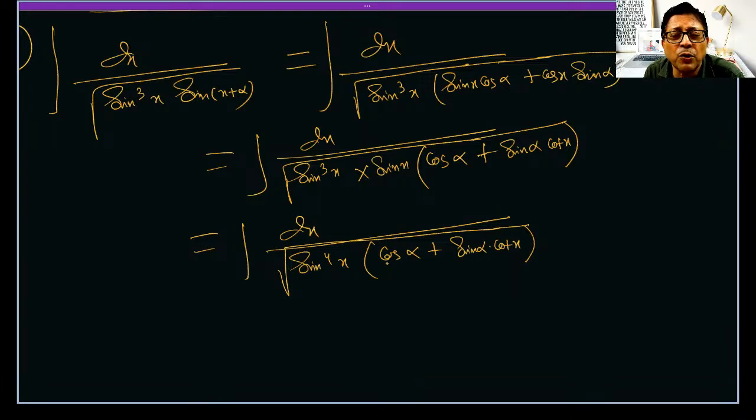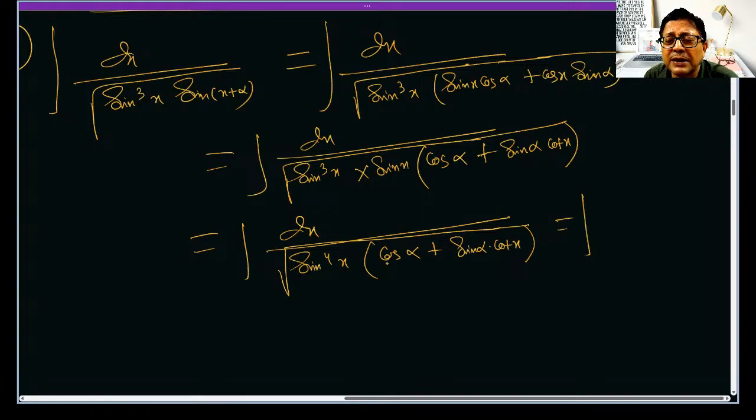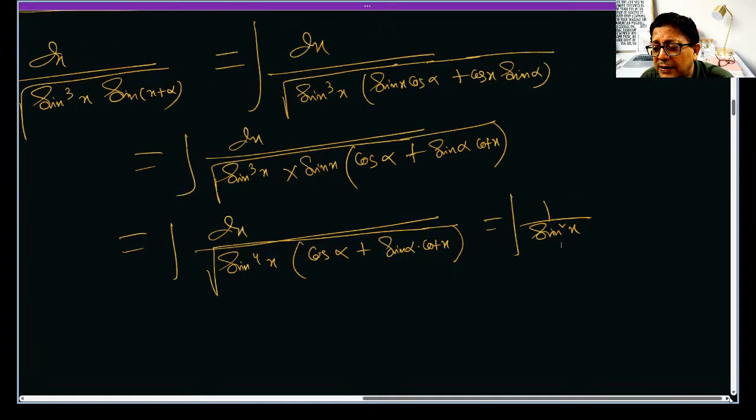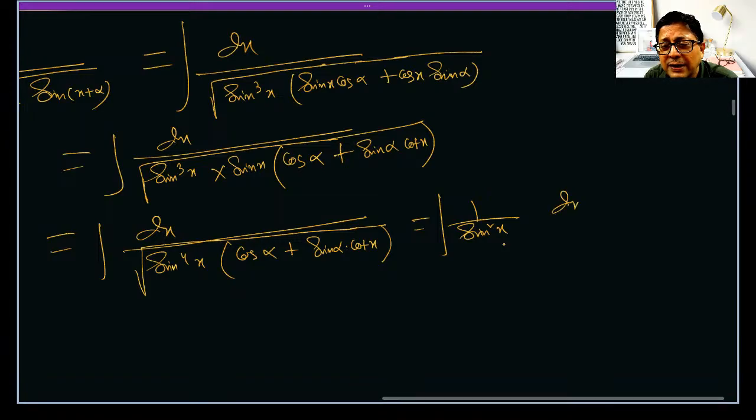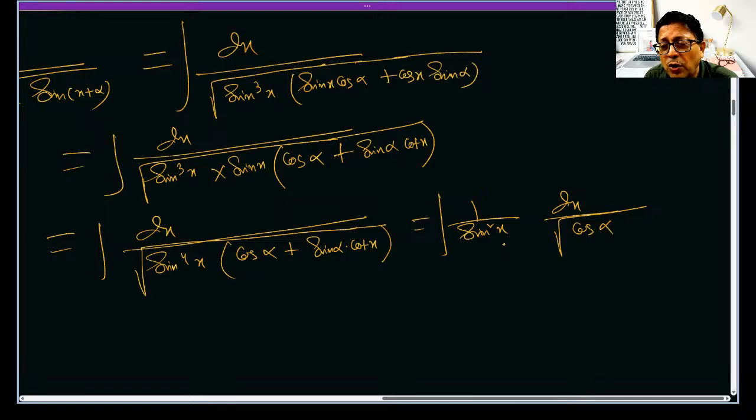This sin to the power 4, if you take outside, then it will be 1 by sin square x, this multiplied by dx by under root cos alpha plus sin alpha into cot x.